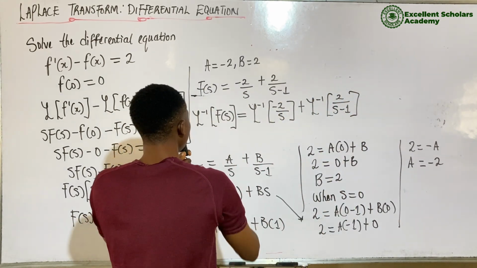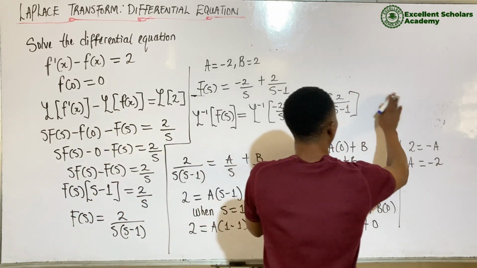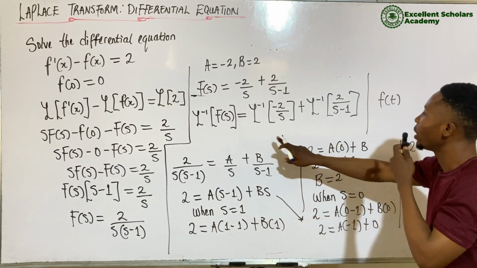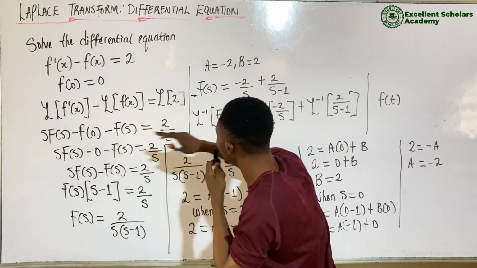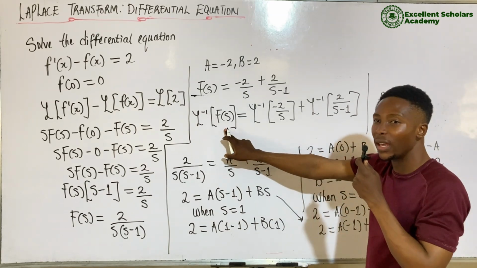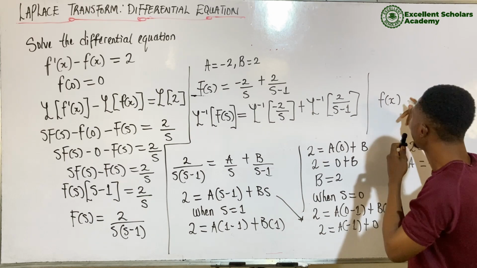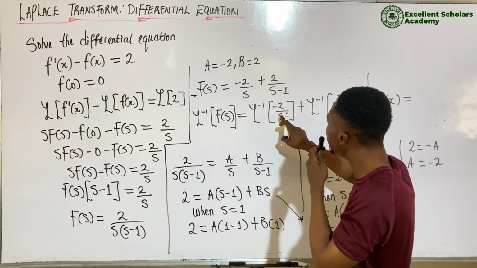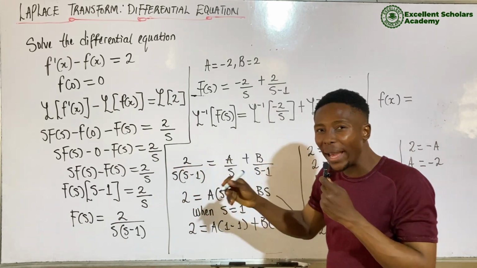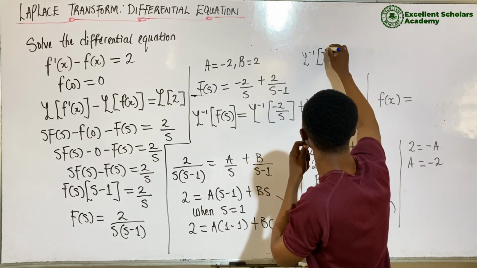Okay, so now Laplace inverse of f of s is going to be f of t. Sorry, we're dealing with x in this case, so it's not going to be f of t, it's going to be f of x. So Laplace inverse of f of s, now we're moving from the frequency domain back to the time domain, so it's going to give us f of x is equal to, now the Laplace inverse of this is going to be minus 2, because you have Laplace inverse of minus 2 over s.